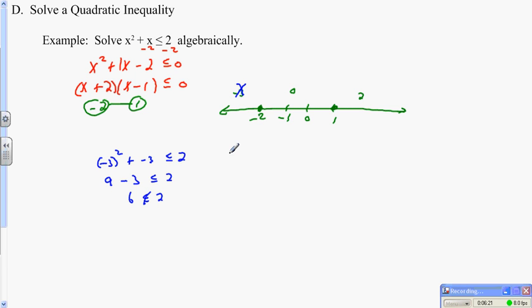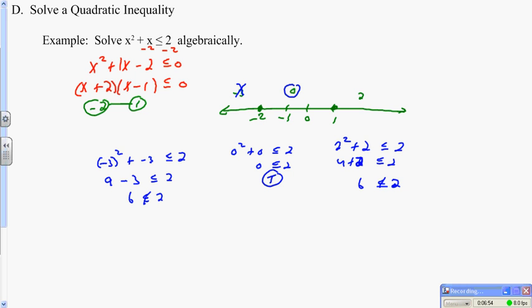We check the next one. We get 0 squared plus 0 less than or equal to 2. So is 0 less than or equal to 2? That is true. So far that works. We have a 2 to plug in, so 2 squared plus 2 less than or equal to 2 gives us 4 plus 2, which is 6.